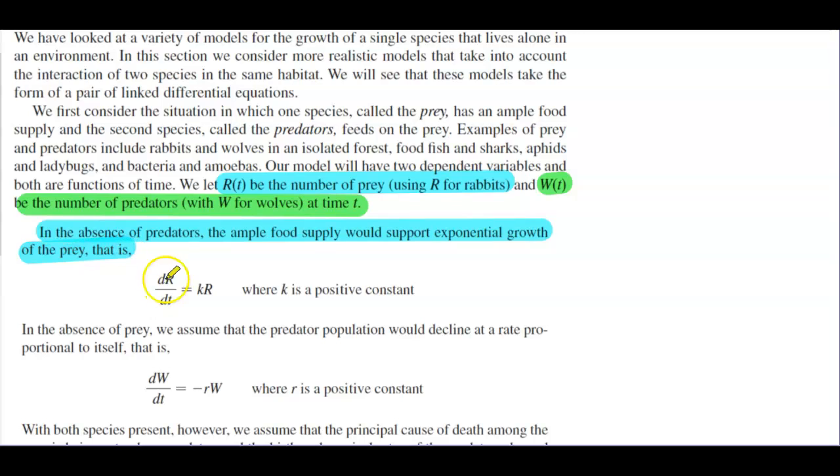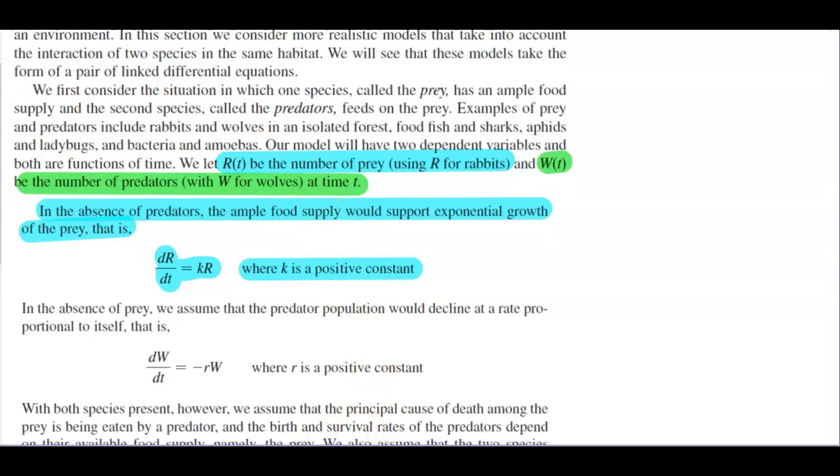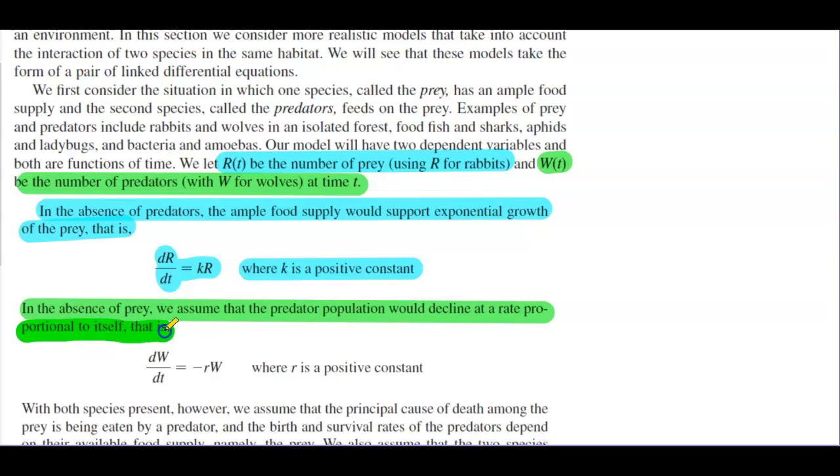That is, we would have dR/dt equal to kR, where k is a positive constant. Now, in the absence of prey, we assume that the predator population would decline at a rate proportional to itself. Therefore, dW/dt is going to equal negative rW, where r is a positive constant.